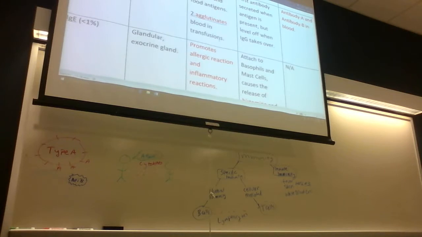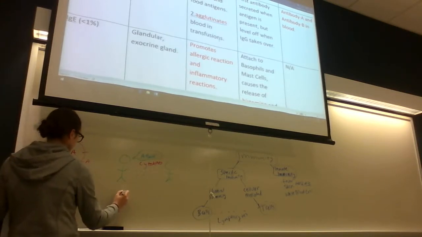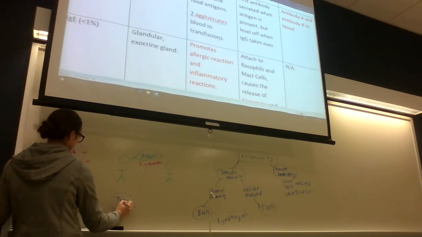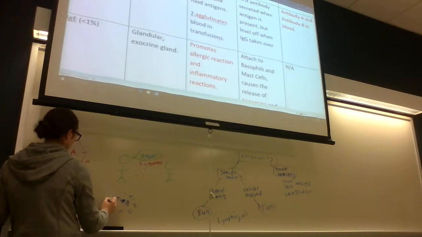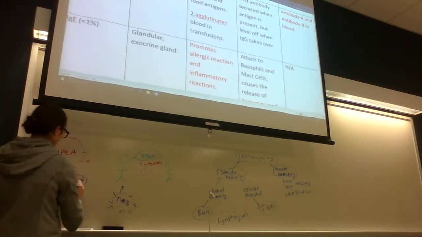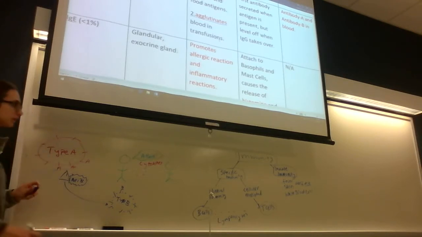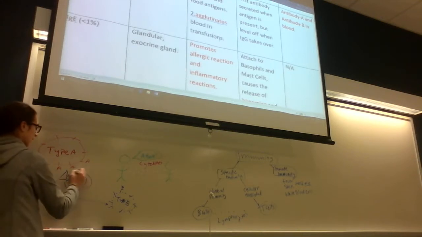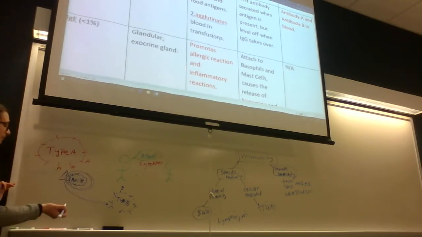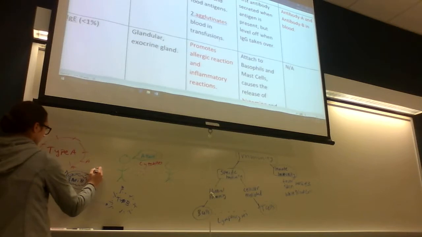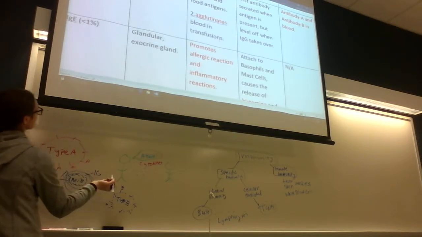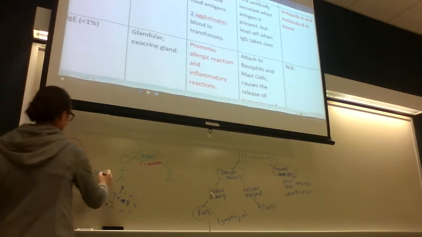So what happens if I get a transfusion and I get someone's red blood cell who's type B, and they have B, my immune system's going to freak out and is going to try to attack this type B blood that just got into my body. So this anti-B antibody is classified as IgM.